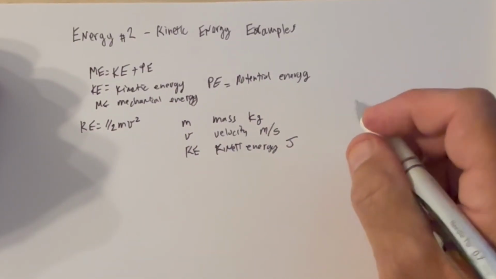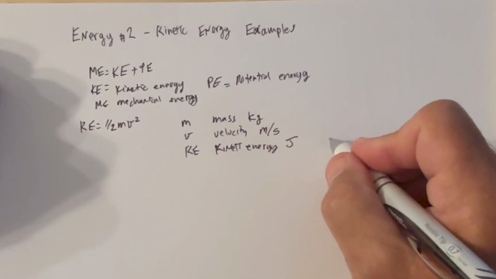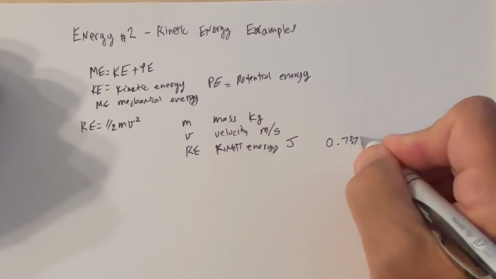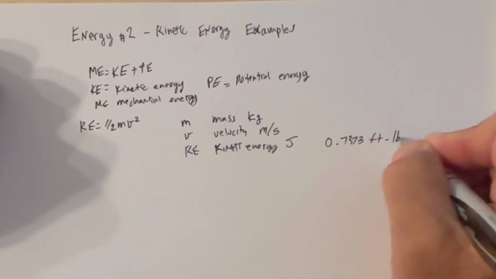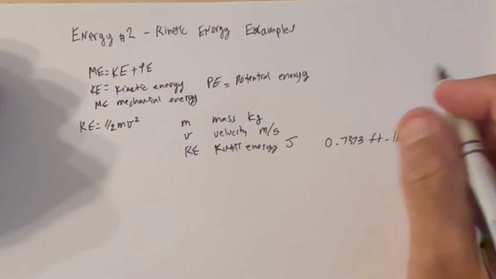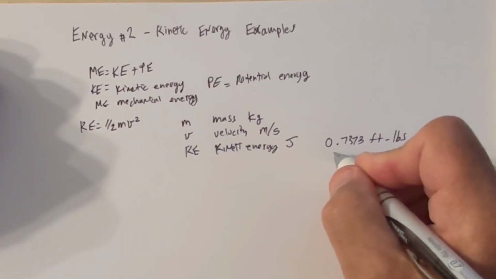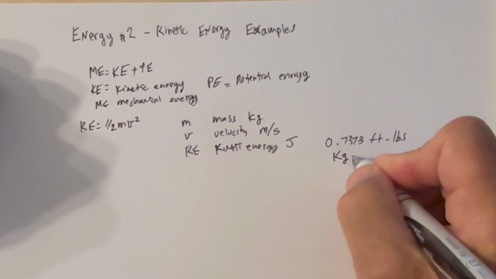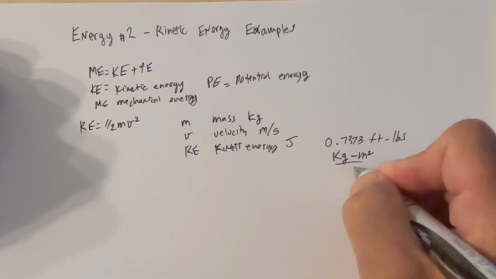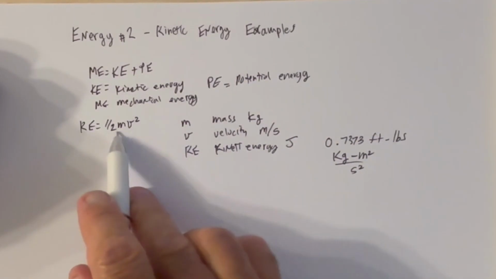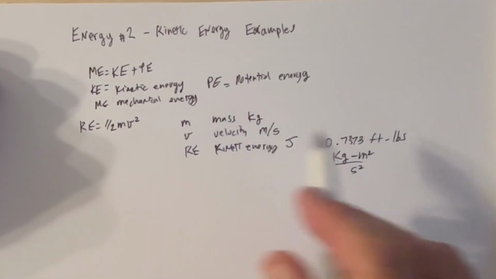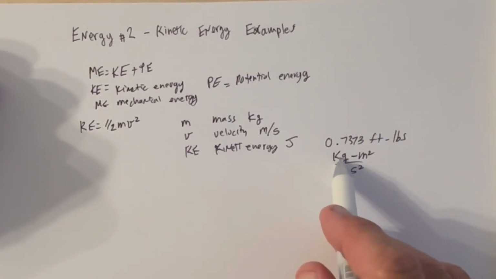Now a joule is the equivalent of 0.7373 foot-pounds in the imperial or English system, and in the SI system it can be broken down as kilograms meters squared per second squared. If you just look at this equation and do a unit analysis, that's going to give the units of the joule.